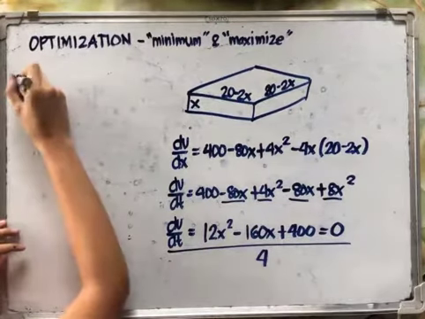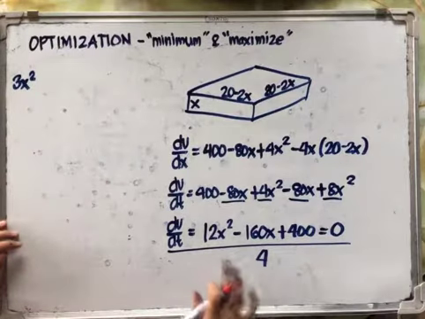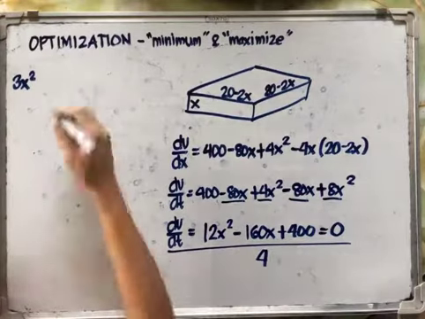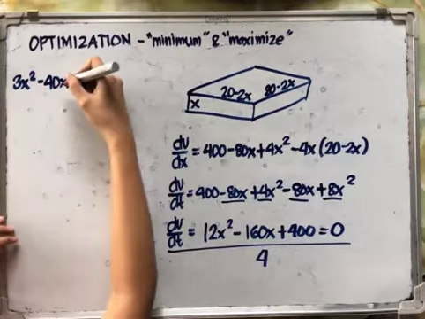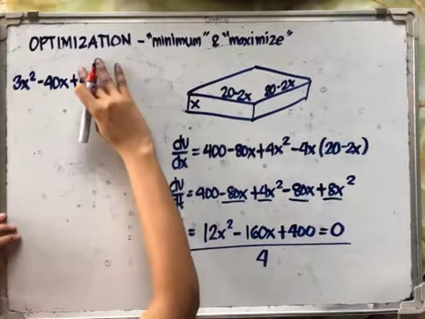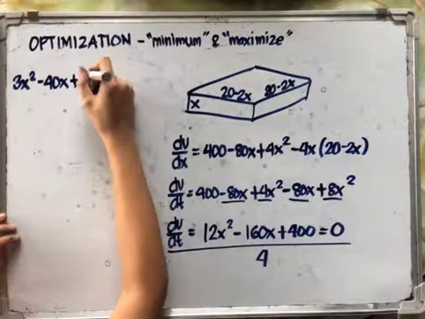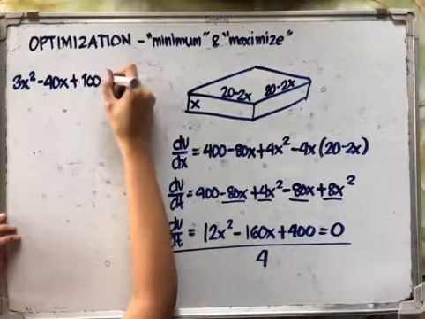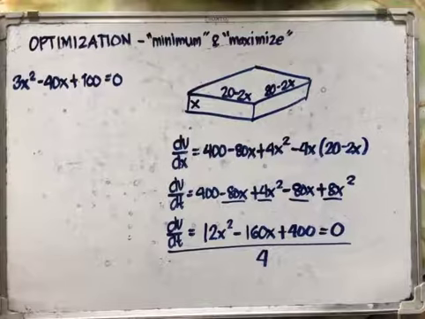So, this would now be 3x squared. 3 na lang siya, minus 40x plus 100. Sorry. Equal to 0.